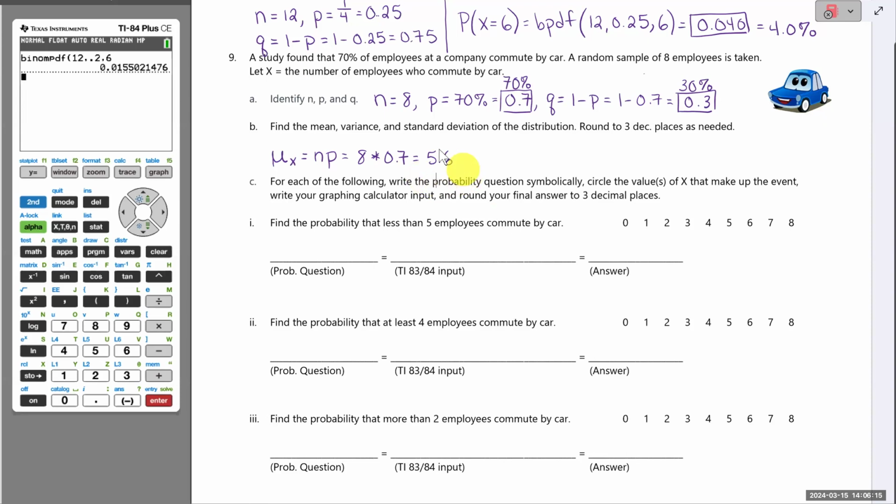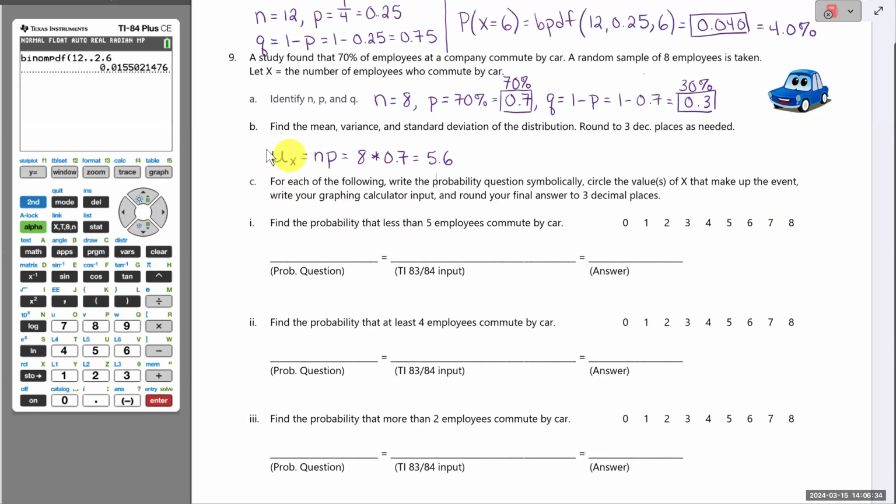I just want to talk about what we're actually finding. If we ask 8 employees, do you commute by car, and we record that number, maybe none of the 8 commute by car. Maybe just 1 does, or maybe 2 do. It's possible also that you ask 8 people and all 8 employees do.